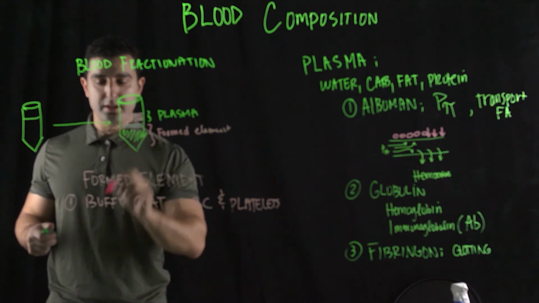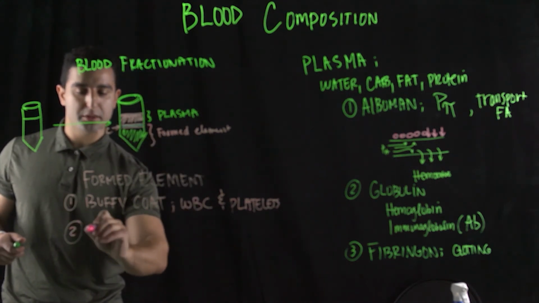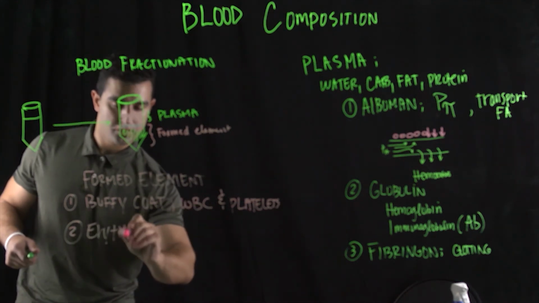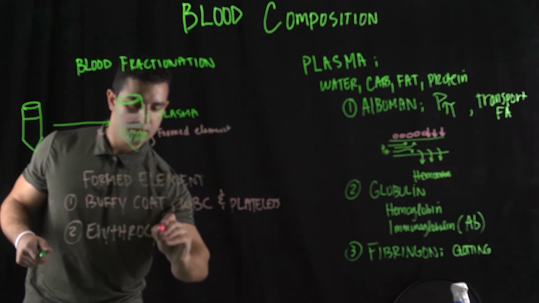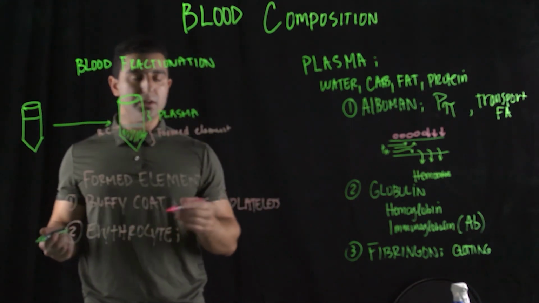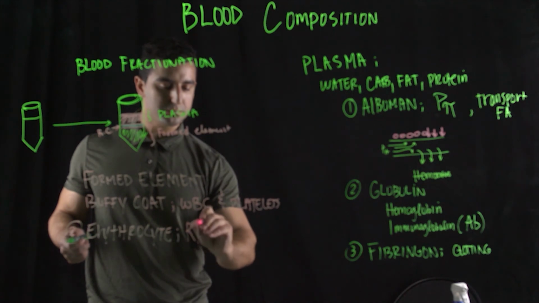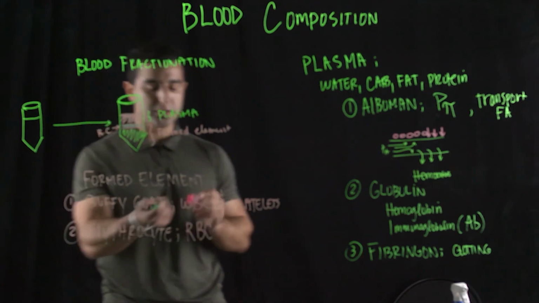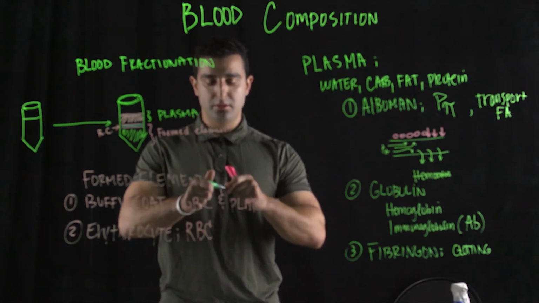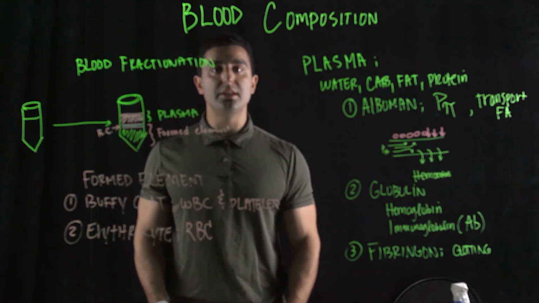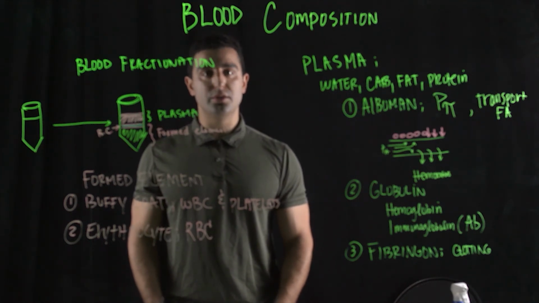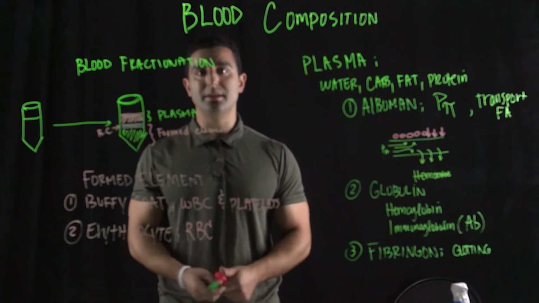The bottom region right here is called the erythrocyte region. What are erythrocytes? Erythrocytes are another name for our red blood cells. The function of red blood cells is to carry oxygen to the cells in need of oxygen for metabolic generation of certain components, for example, ATP, adenosine triphosphate.